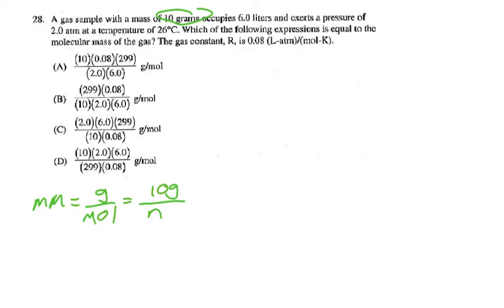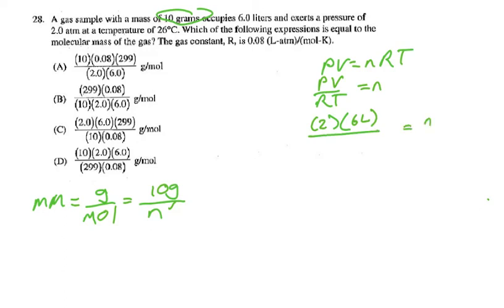Well, we've got so much information, we might have enough stuff to figure out the moles using PV = nRT. And so I'm going to rearrange this. n equals PV over RT. And if we can find n, we'll plug it in down here. Let's see, the pressure is 2 atmospheres. The volume is 6 liters. The R is 0.08.